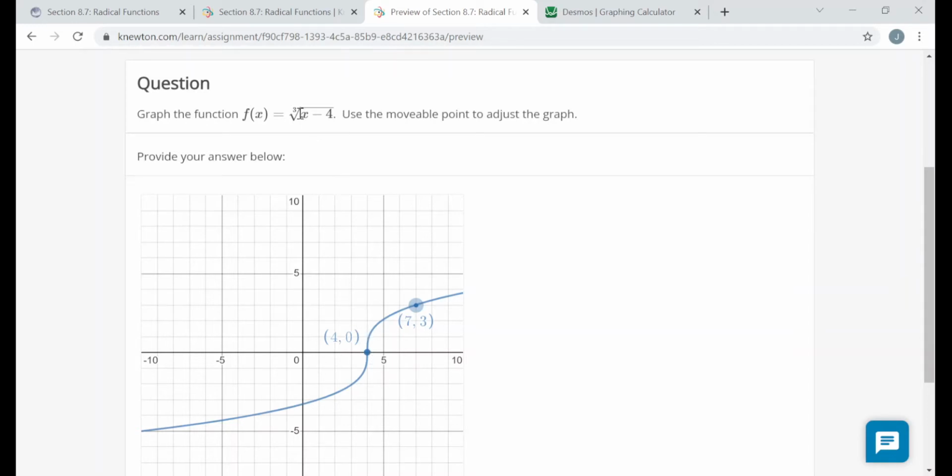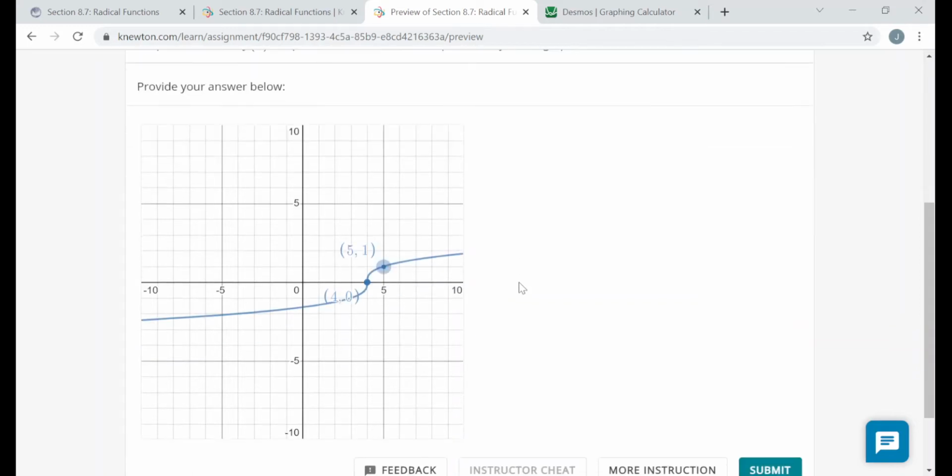If x were 4, then the output would be the cube root of 0, would just be 0. So you see 4 comma 0 here on the graph. We just need to move this movable point to a point that would be on this curve. So like 5, 1. If x were 5, you'd have the cube root of 1, which is 1. So input 5, output 1. There. All I need to do is move that movable point to one point that would be on this graph.